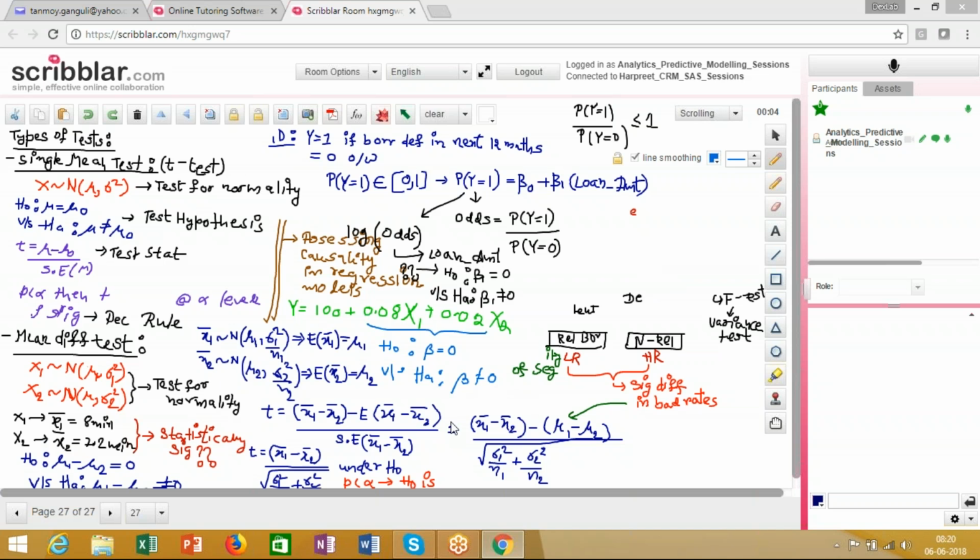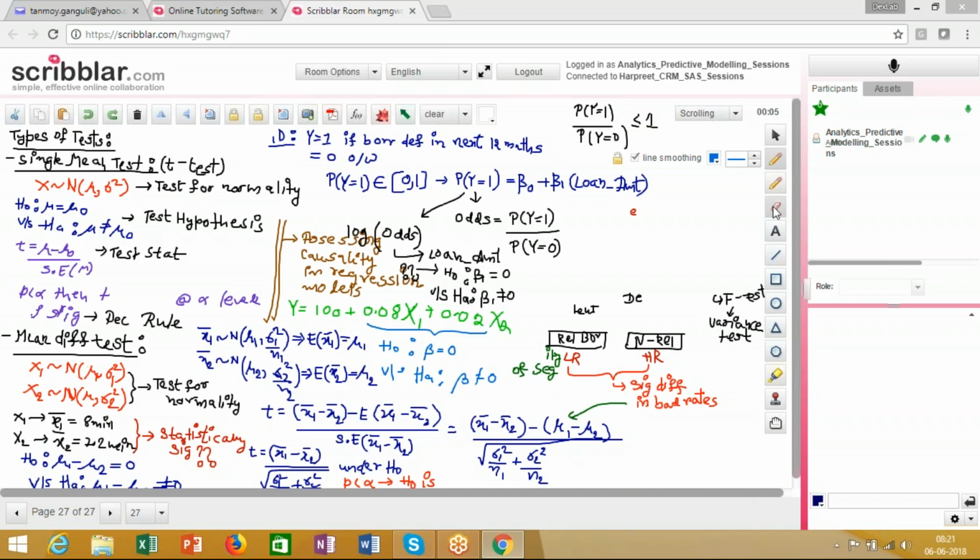If the actual probability of committing the type 1 error is less than the maximum acceptable error, that is the level of significance, then we say that yes, there is a significant difference in the mean. So this is one of the cases that we had explored in the last class.